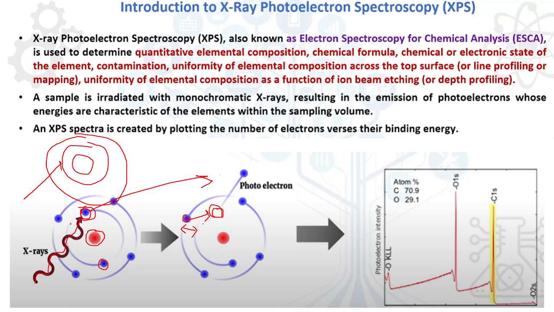Now when this happens by transferring just one electron from this first shell, it is called the alpha.